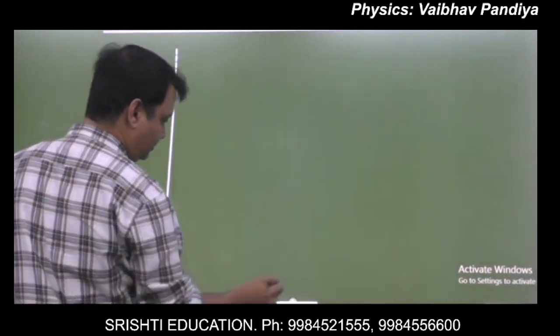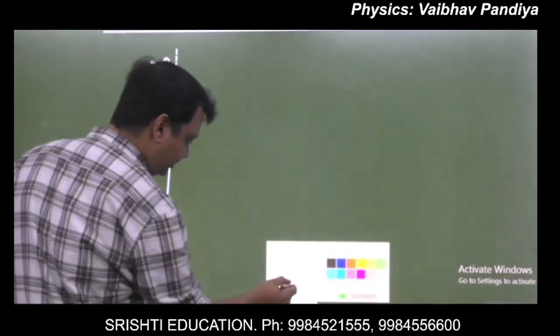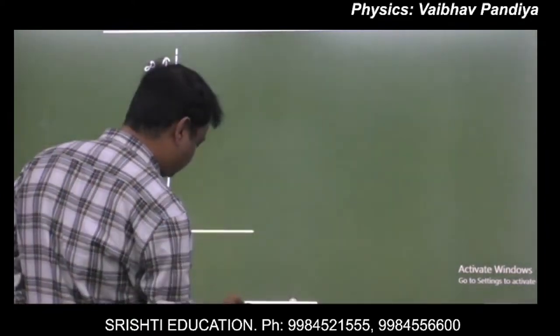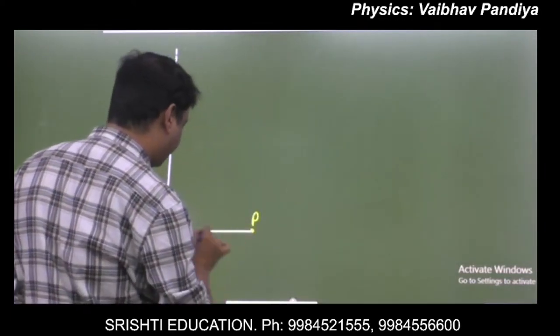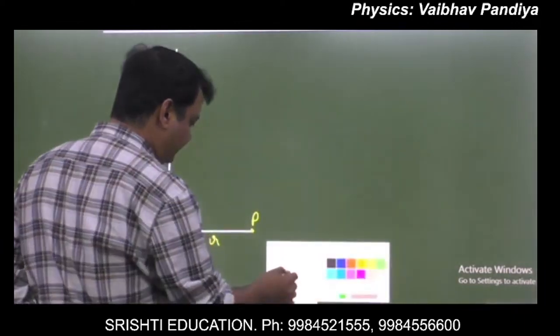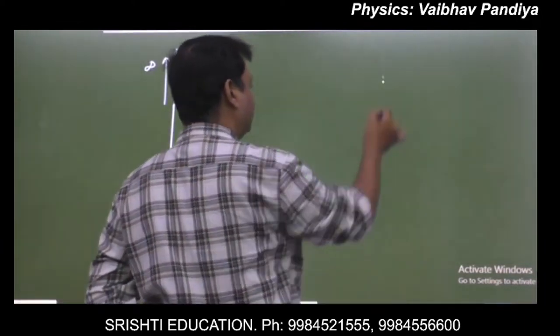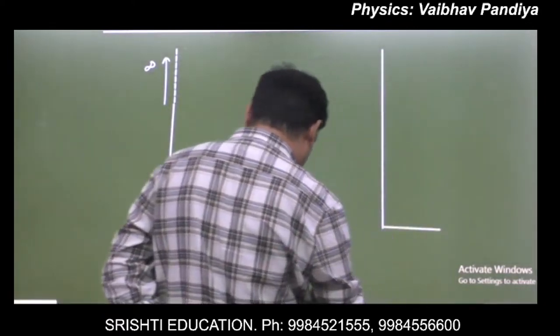Okay, so this point is going to infinity, and suppose this is the target point at a distance r. And the same model will be, suppose we have a finite line and there is a point P at the end.